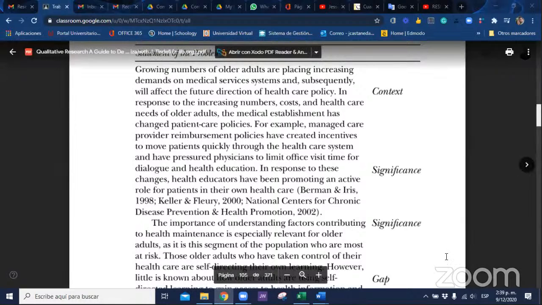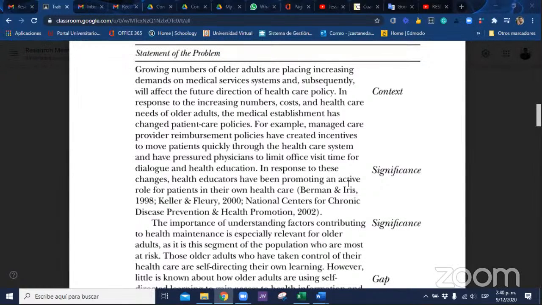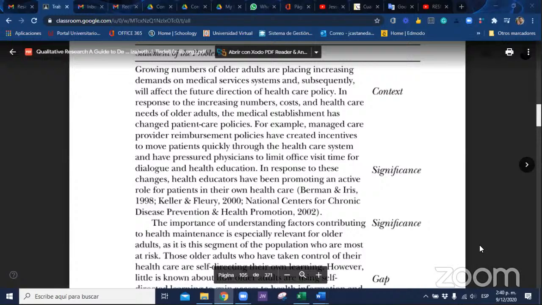Okay, go ahead. It says: growing numbers of older adults are placing increasing demands on the medical services system and subsequently will affect the future direction of healthcare policy. In response to increasing numbers, costs, and healthcare needs of older adults, the medical establishment has changed patient care policies.